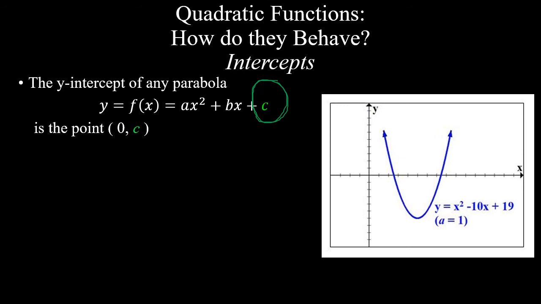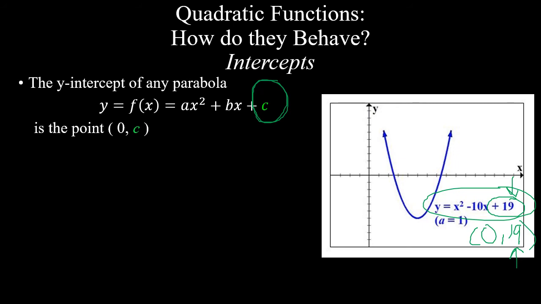So here, if we look at this function, our y-intercept is going to be 0, 19. Our c is 19, so our y-intercept is going to be the point 0, 19.